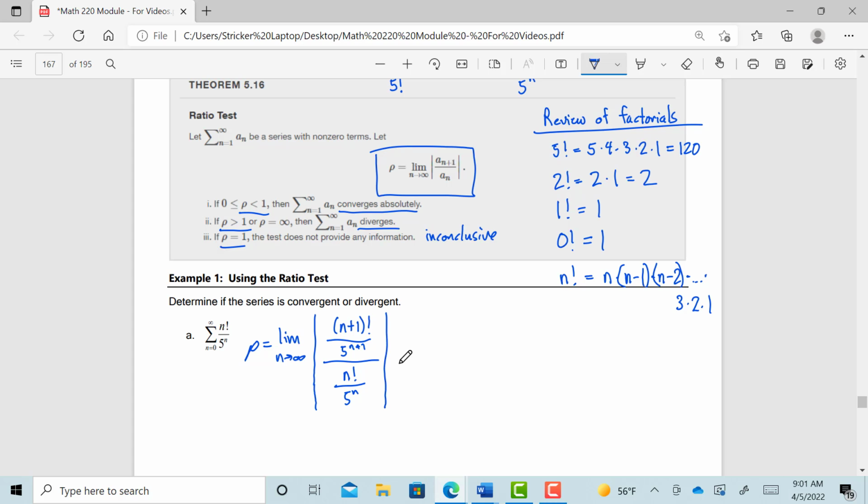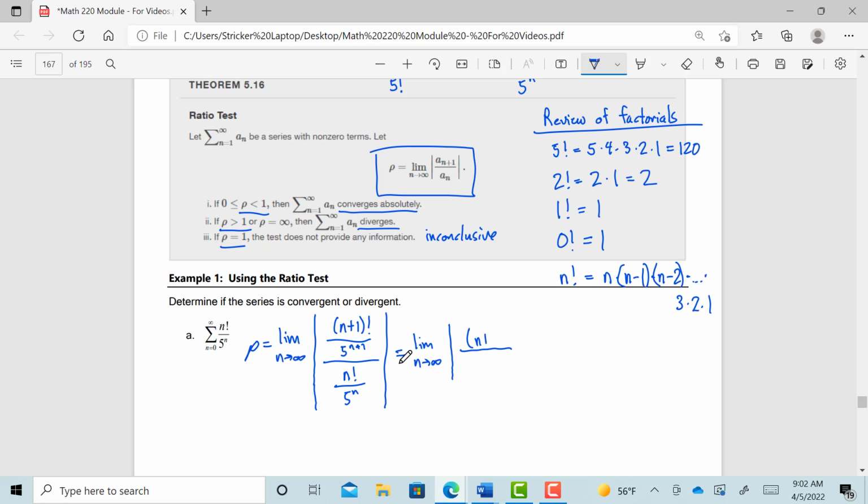Now here's the thing. We could write it out like this every time, but I like to save writing time, so I skip this step and jump straight to the next step. Instead of dividing two fractions, we could multiply by the reciprocal of the second fraction. So it's much easier for our math if we just write it like this the first time.